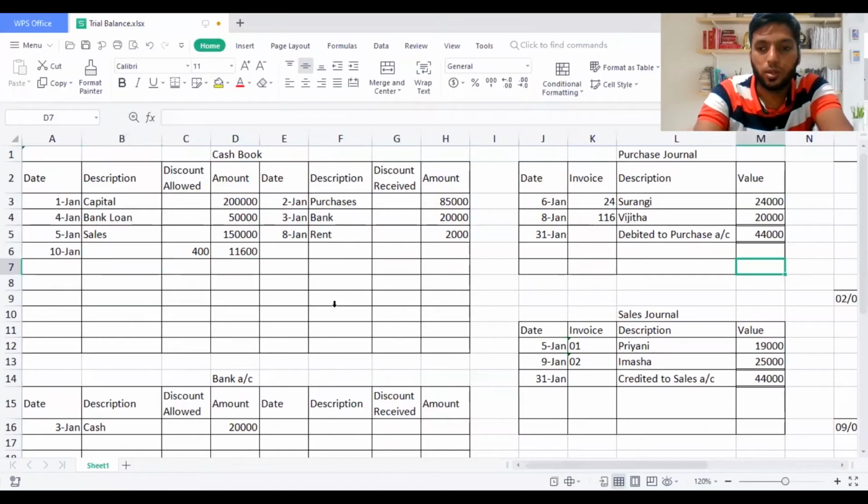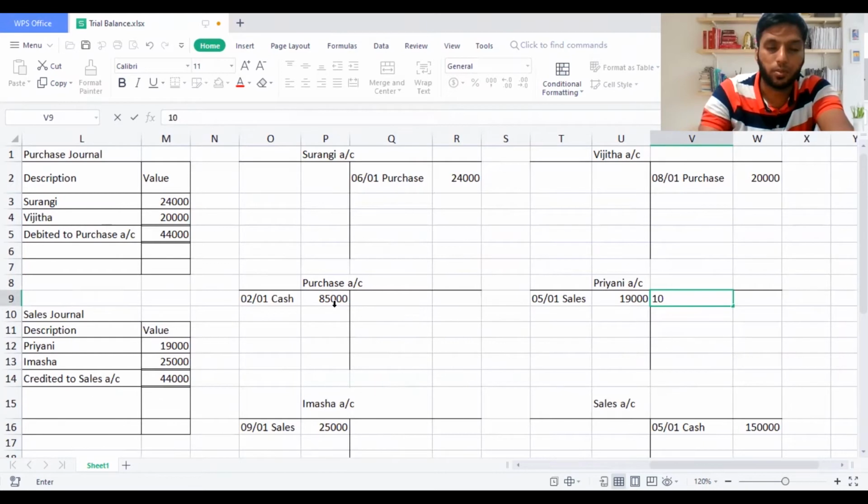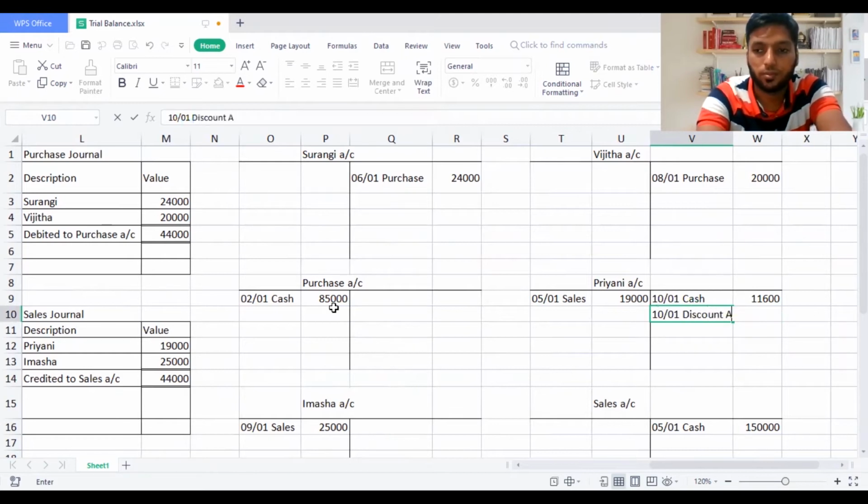And then I'm moving on to Priyani's account. So here I'll write 10th first. Priyani is making the payment to our account. That's the reason we are receiving that money. So I'll write 10th first. We are receiving cash. She has paid 11,600, and also she got a discount of 400 because we gave a discount of 400 on 10th first, and that is discount allowed.